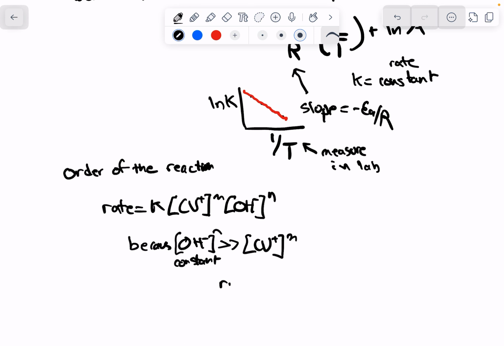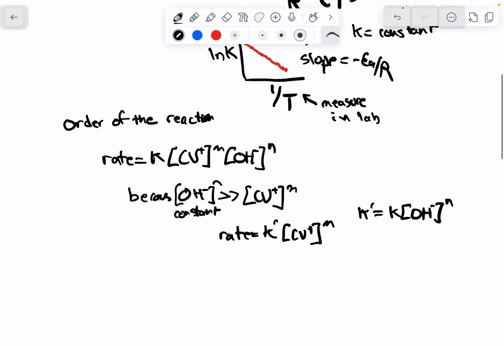So rate will equal k prime times CV plus to the m, where k prime is k times OH minus to the n. We're not going to worry about the OH in this lab. Our focus is just going to be here.